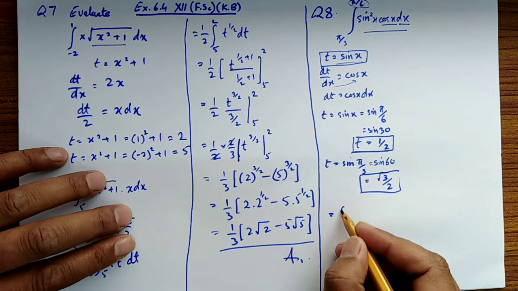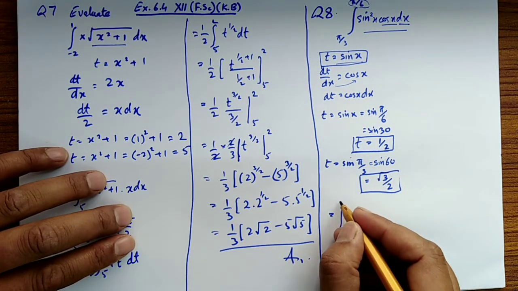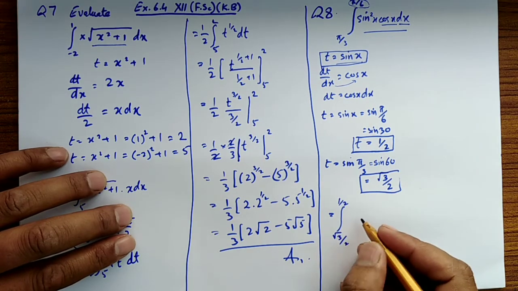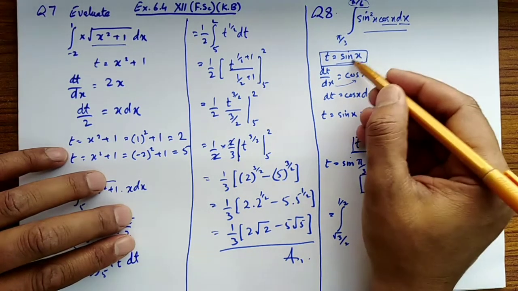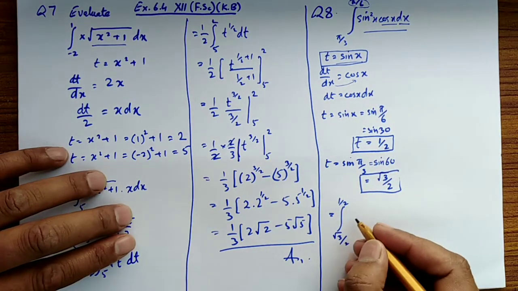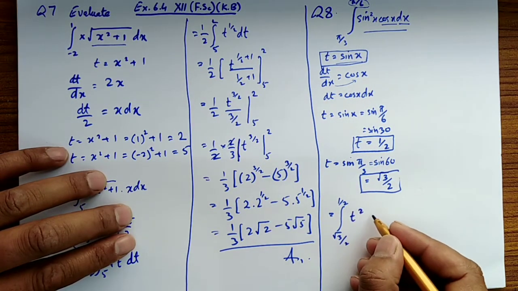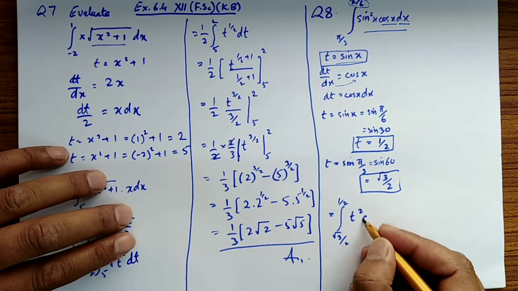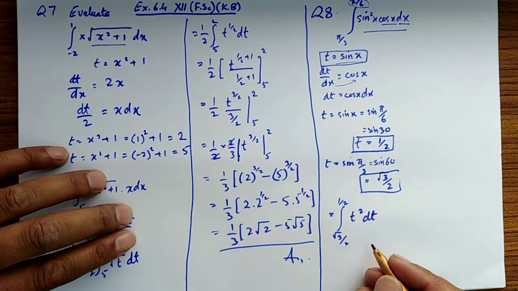The upper limit is 1 upon 2, the lower limit is root 3 upon 2, and in place of sine square x put t square, and in place of cos x dx, that gives you dt, right?